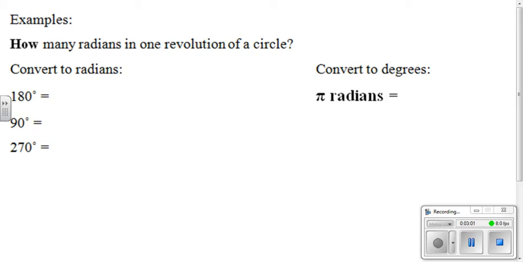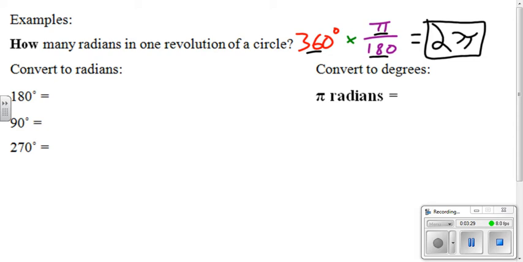So if we want to look at how many radians in 1 revolution of a circle, well, we know that there is 360 degrees in 1 circle. So we would have to multiply that by pi over 180, in which case 360 over 180 comes out to 2 pi.